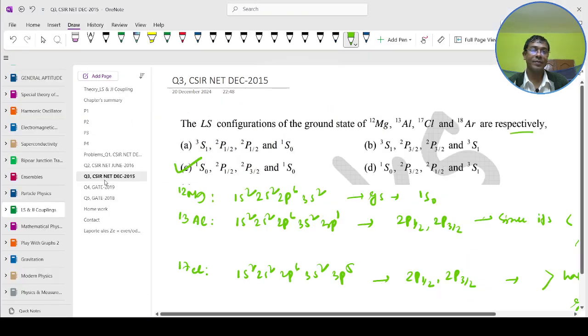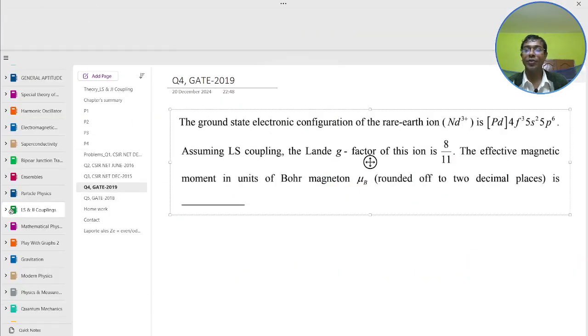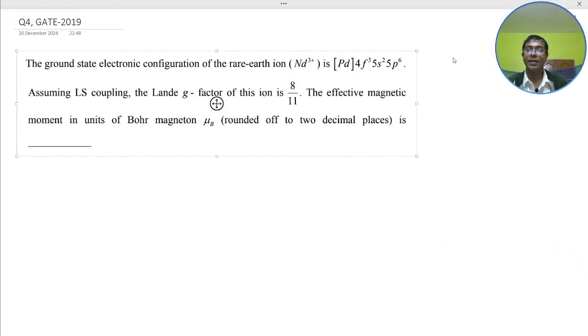Next one, coming in GATE 2019, the ground state electronic configuration of the rare earth ion Nd3 plus is Pd 4f3 5s2 5p6, assuming LS coupling. The Lande g factor of the ion is 8 by 11.